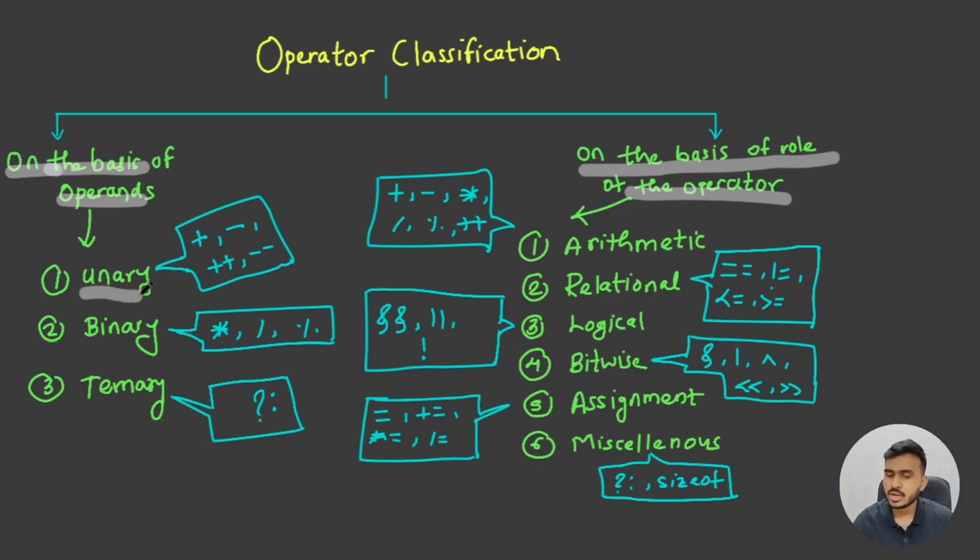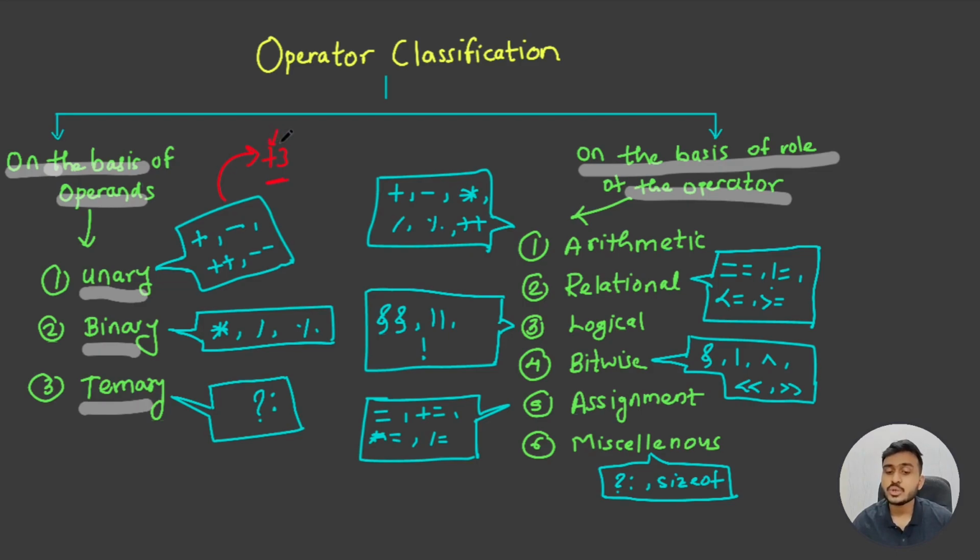On the basis of the operand, we can categorize the operators into three categories. The first category is called unary operators, the second is called binary operators, and the third is called ternary operators. A unary operator is an operator which needs only one operand to operate. For example, +3.